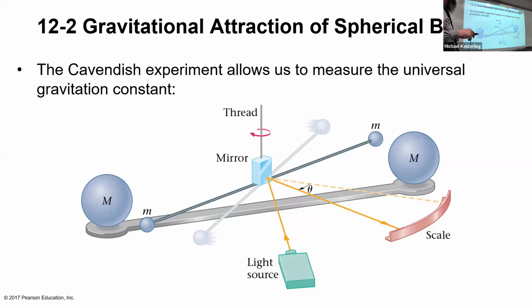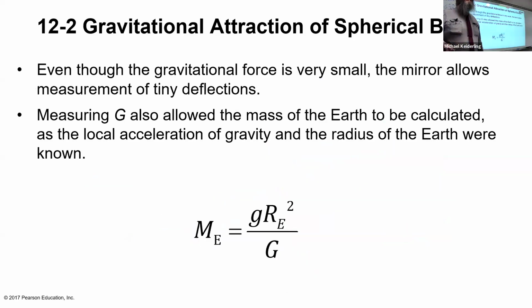He measured the force of twisting with these spheres as you move the outer spheres, and thus was able to measure the gravitational constant. It's a tiny twist. Even though the gravitational force is small, the mirror allows the measurement of tiny deflections. Measuring big G also allowed the mass of the Earth to be calculated, because you can use the local acceleration of gravity and the radius of the Earth, which were both known, to figure out the mass of the Earth if you know big G.